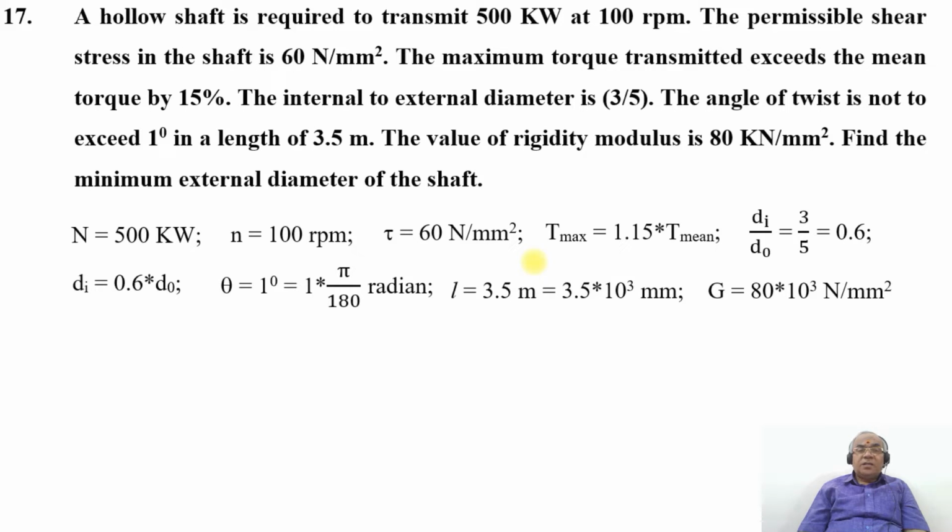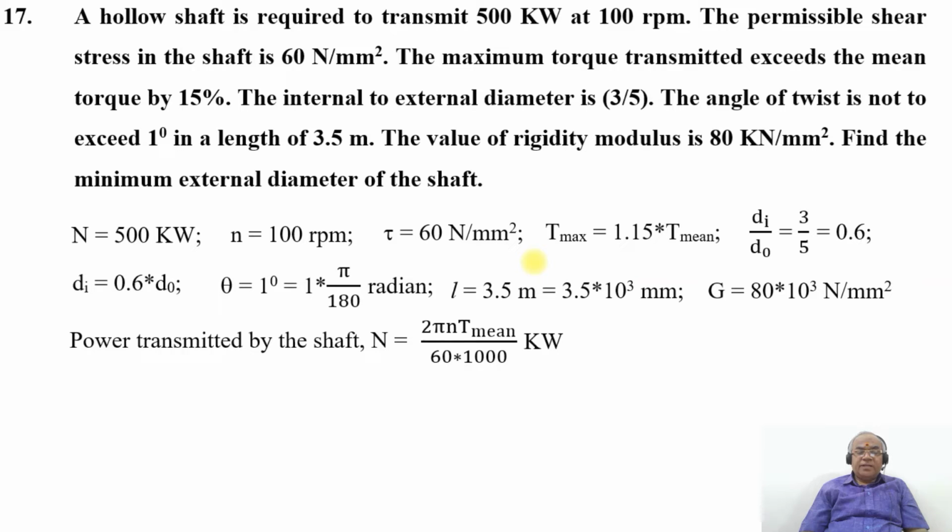So now I need to find out the minimum external diameter of the shaft, that is D naught. So to do that, since the power is given, naturally we can determine the torque applied on the shaft. The power transmitted by the shaft capital N will be equal to 2 pi n into T mean divided by 60,000 kilowatt.